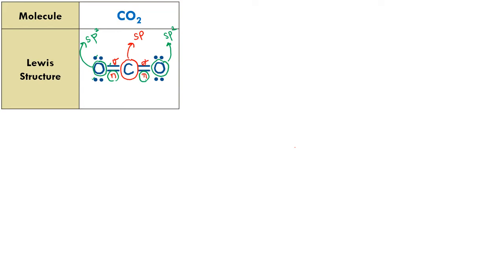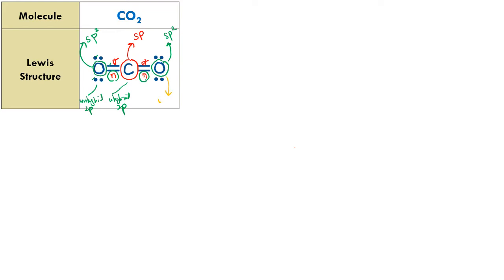So pi bond yang pertama akan muncul, okay, overlapping antara unhybrid 2p of oxygen yang pertama dan unhybrid 2p orbital of this carbon. Kemudian the second one dekat sini pun sama juga.